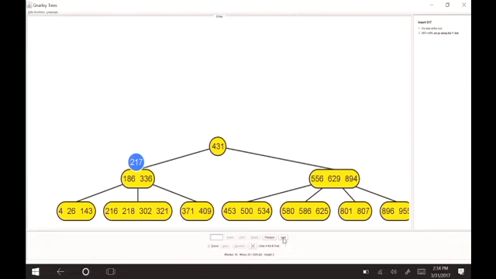217 goes into this one. Uh-oh. There's a problem. So here's what we do. We split the node on the median value. Okay, so the median value is important.